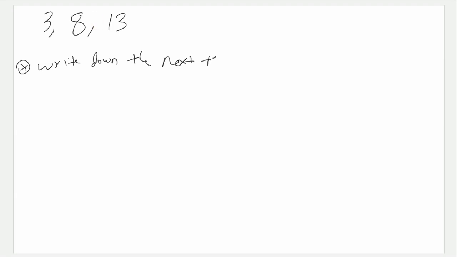They gave you the sequence, which is 3, 8 and 13. The first question says write down the next term of the sequence.